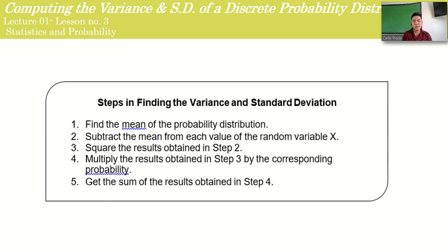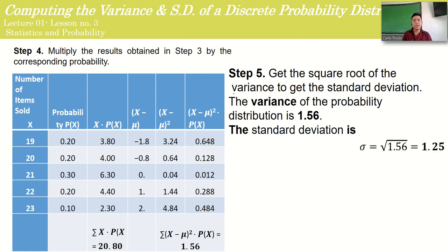This is 1.25. Okay, so again, let us sum up what we have learned, the steps. We have this probability distribution, and the first thing that you need to do is to multiply the x, this random variable, times the probability, and then sum it all, then you will have the mean. And then you are going to subtract the mean from the random variable, 19 and so on, and then you will have this answer.